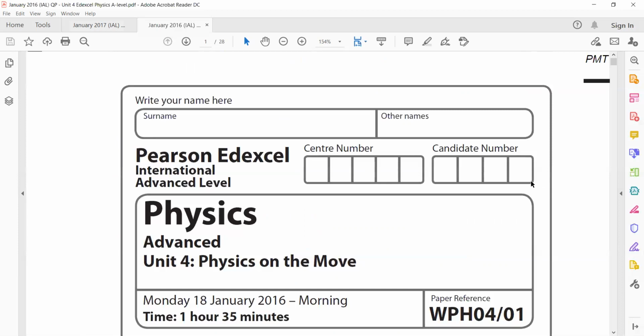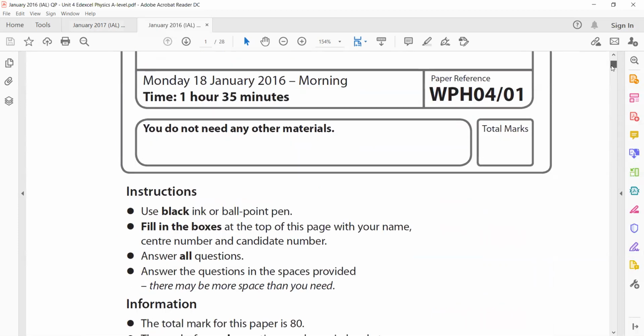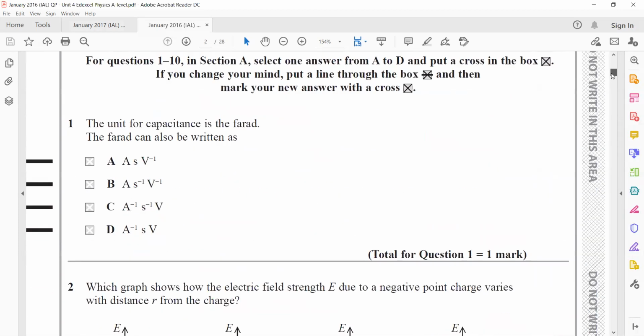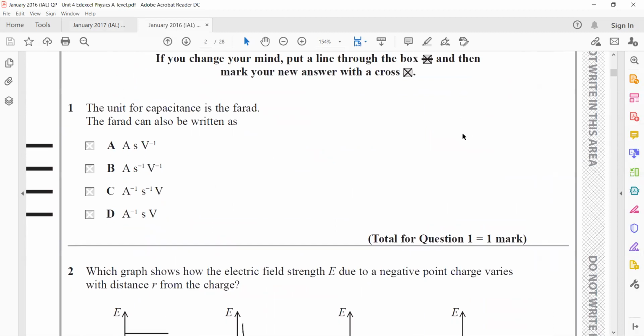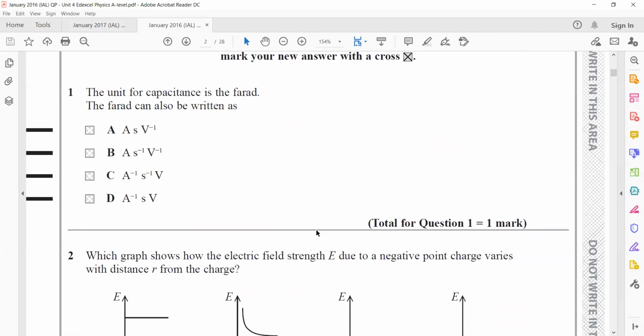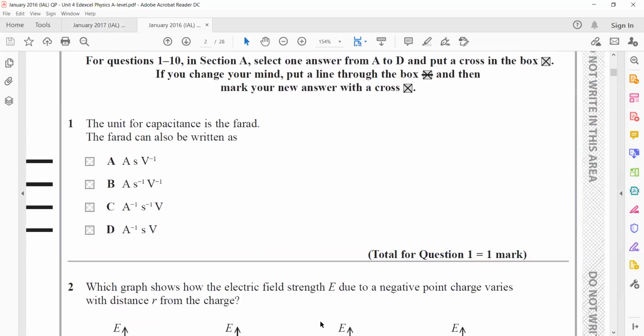This one is the January 2016 paper. The unit of capacitance is the farad. The farad can also be written as what? What could be the answer for this question?